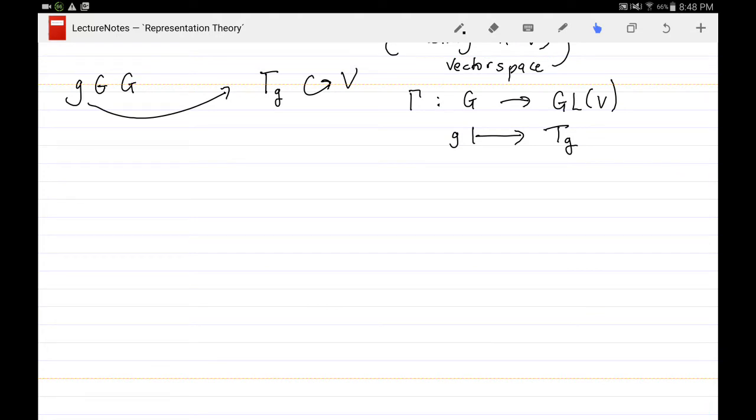Again, this is very rough. We're trying to motivate what a representation is and roughly state what it is.